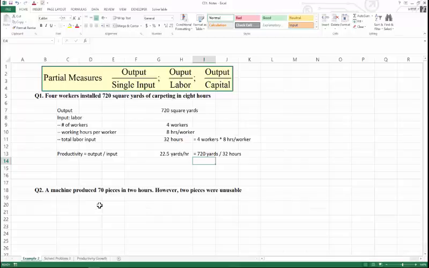What is the output? It says it produced 70 pieces, but 2 pieces are unusable. So the real output is not 70.